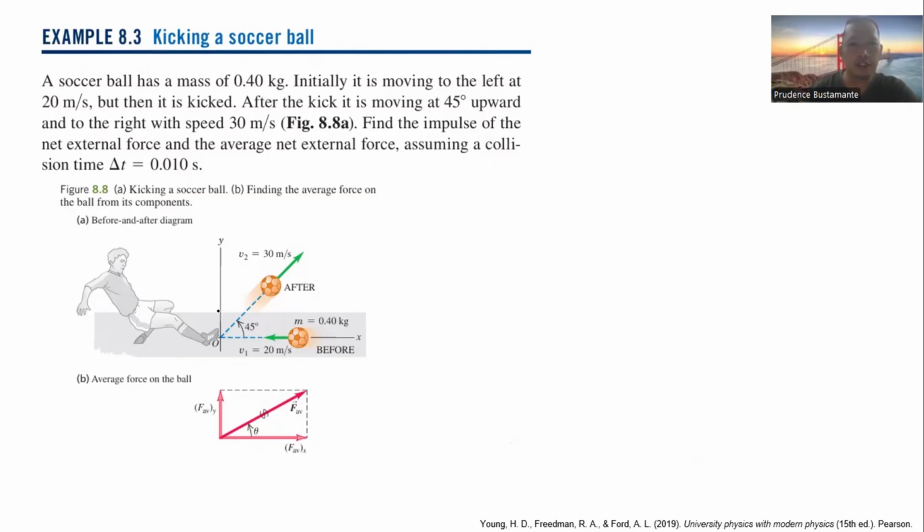After the kick, it is moving 45 degrees upward and to the right with a speed of 30 meters per second. Find the impulse of the net external force and the average net external force, assuming the collision time is 0.10 seconds.